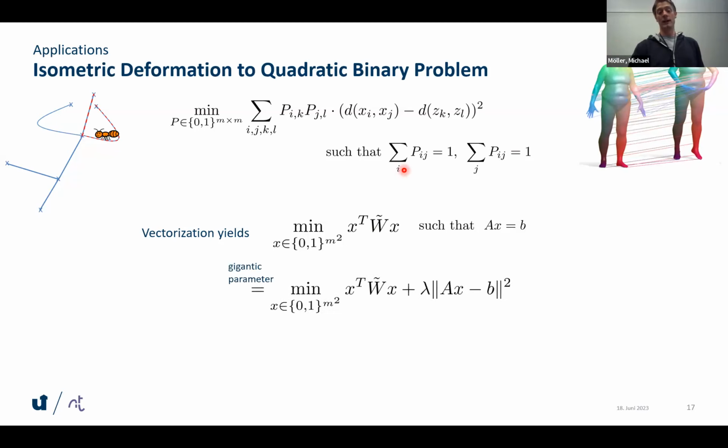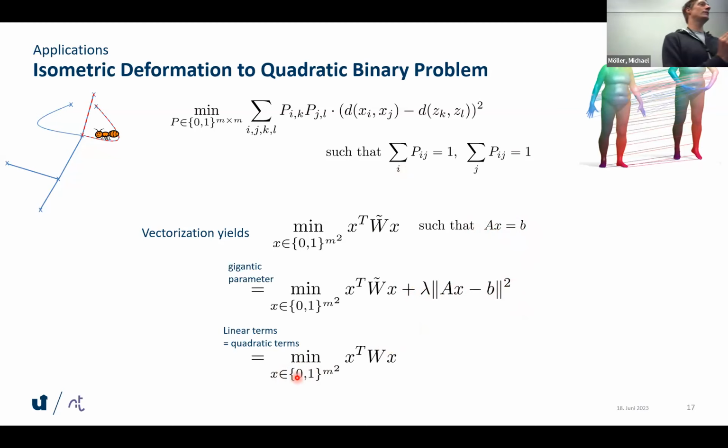And then a nice, well-known result from optimization is that for these binary problems, you can actually add any linear equality constraint as a quadratic penalty. Now, after adding it as a quadratic penalty, you ultimately arrive at a quadratic problem over binary variables. So exactly the form that in the first part I motivated, we can solve on a quantum computer.